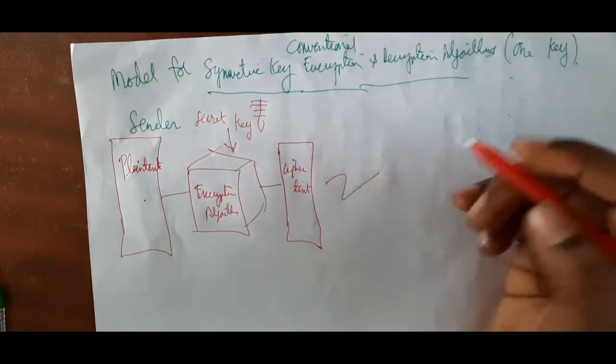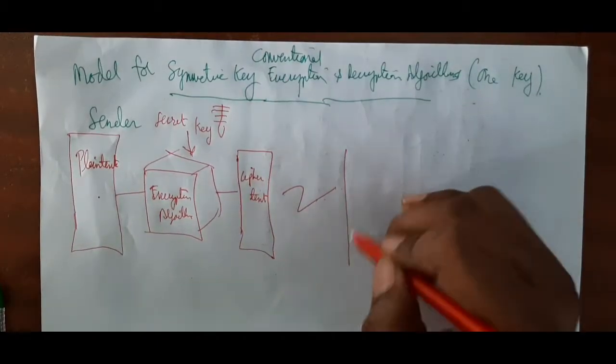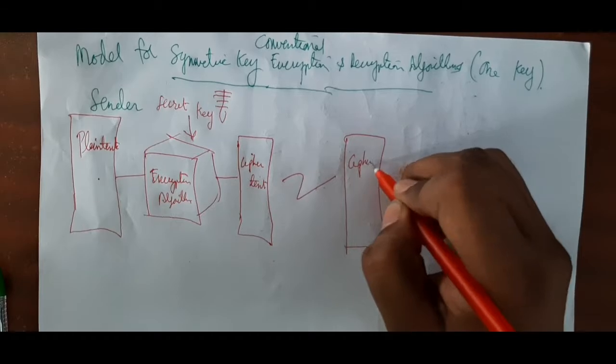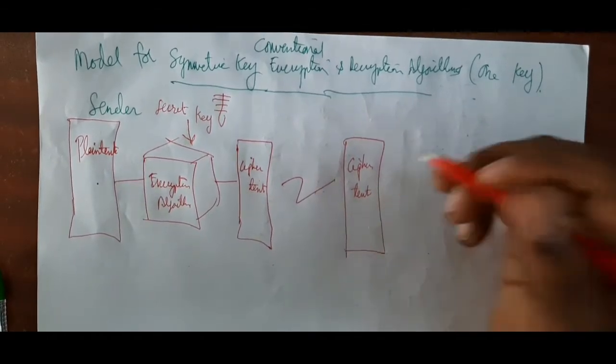And this particular ciphertext is transferred over a communication channel and delivered to a receiver, and the receiver will be getting ciphertext, which is unintelligible form.